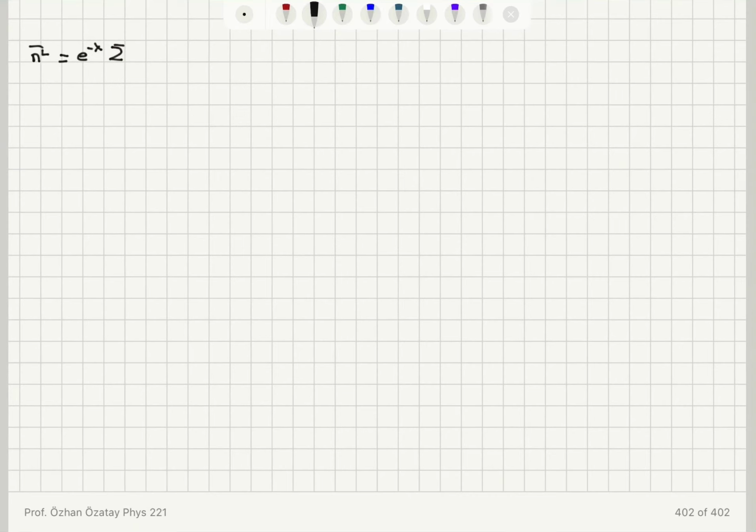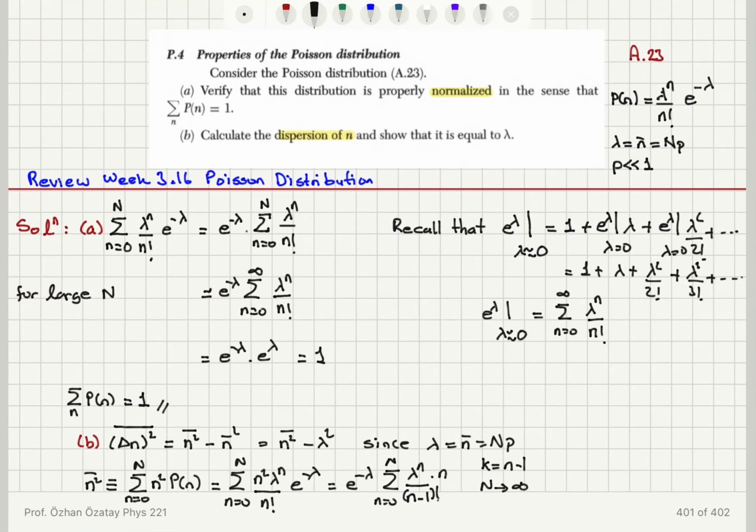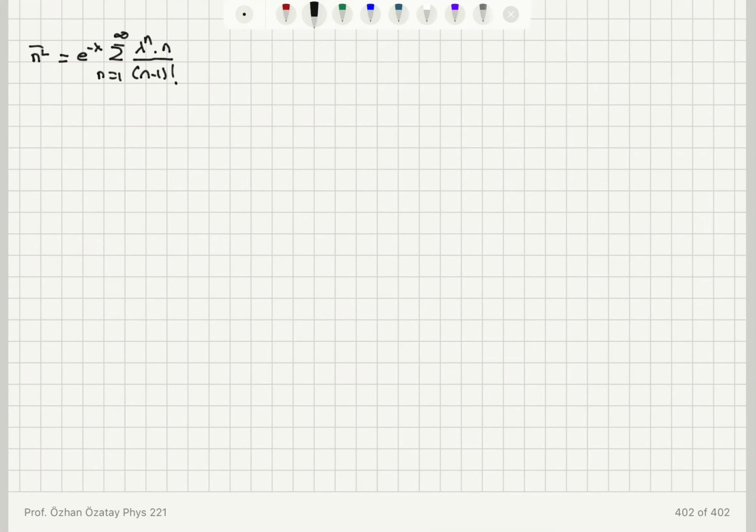So basically this is actually n equals 1 to infinity lambda to the n times n divided by n minus 1 factorial, because the n equals 0 term gives us a 0. So by substituting k equal to n minus 1, we can turn this into e to the minus lambda, where n equals 1 gives k equals 0, k equals 0 to infinity.